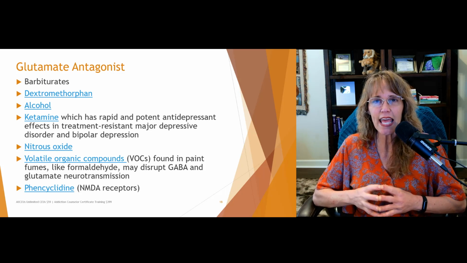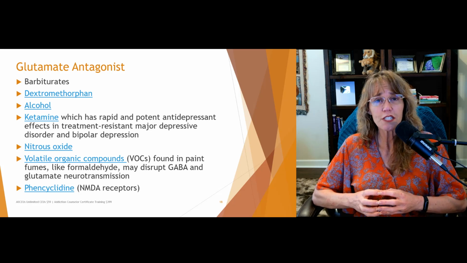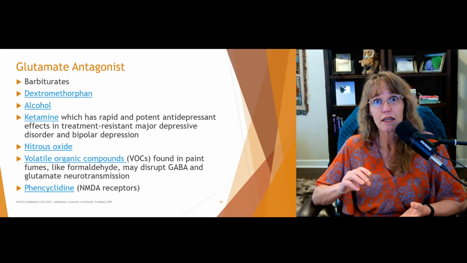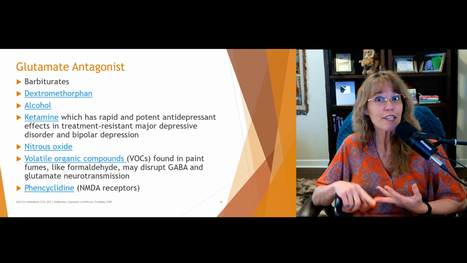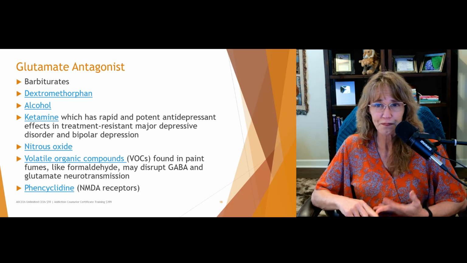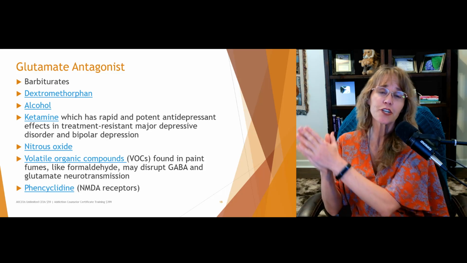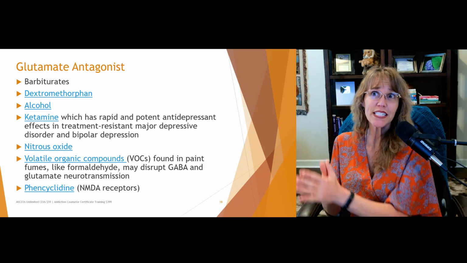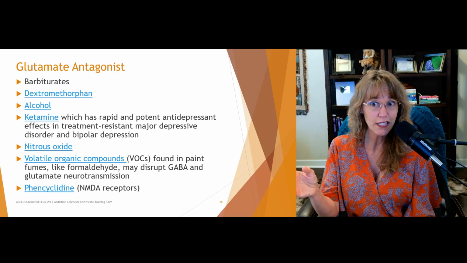It is a cough medicine, but it also impacts GABA levels, reduces glutamate levels, and increases serotonin levels. Alcohol. We've already talked about how alcohol increases GABA. So if it's increasing GABA, that means glutamate's getting broken down, so glutamate's going to be reduced.